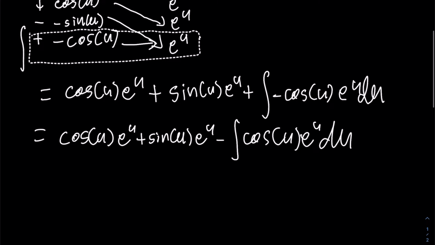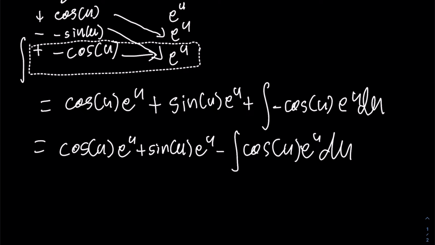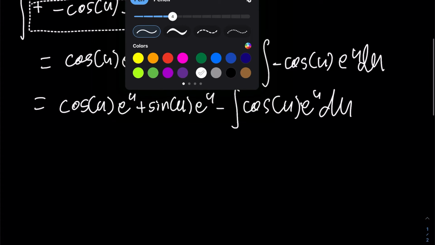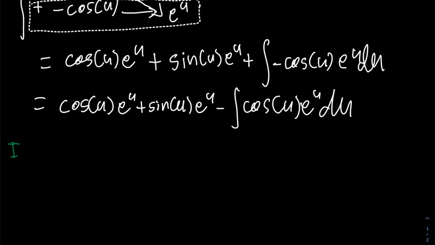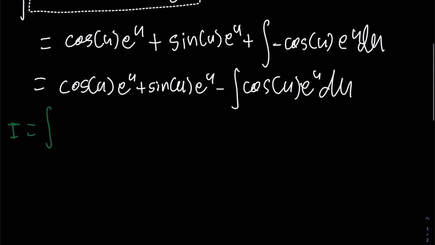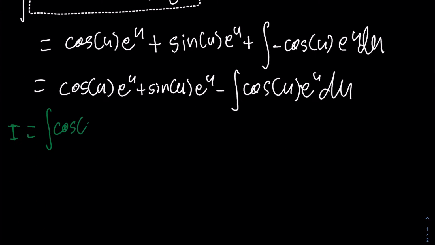Now, this should become pretty clear because what we see here is that this is exactly what our original integral was. So let's say our original integral, I, is equal to the integral, and what is the integral we're trying to compute here? It's cosine u e to the u du.